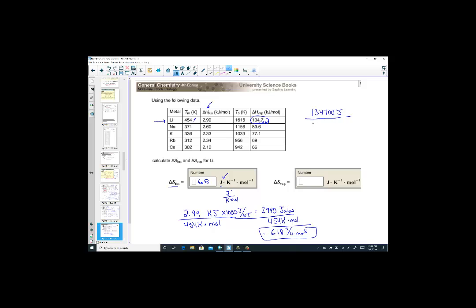We'll divide that by the temperature in Kelvin, and we get the desired unit of joule per Kelvin mole for the entropy of vaporization for lithium. 134,700 divided by the temperature, 1615. And this becomes 83.4 joule per Kelvin mole.